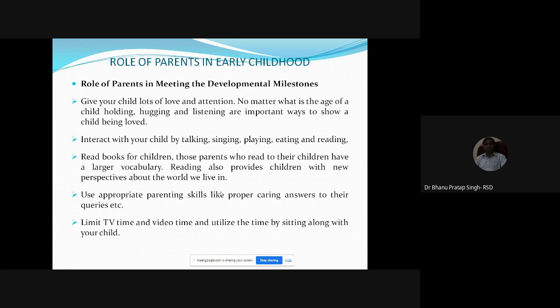Read books for children. As parents, we should read books to children. There was a day when grandmother and grandfather used to tell stories to the child.